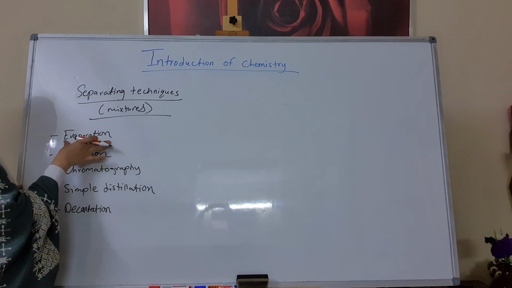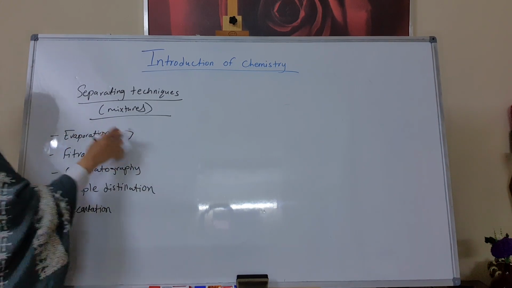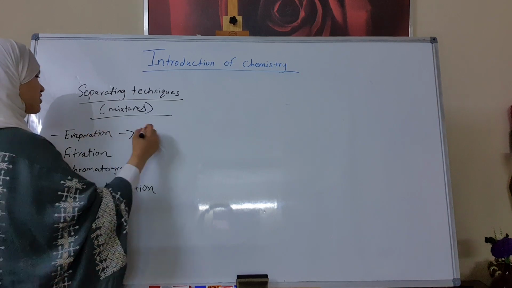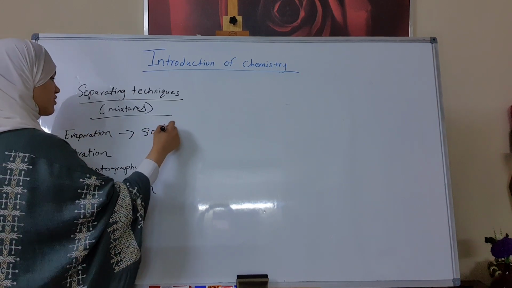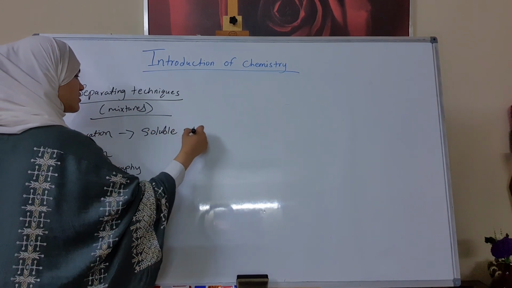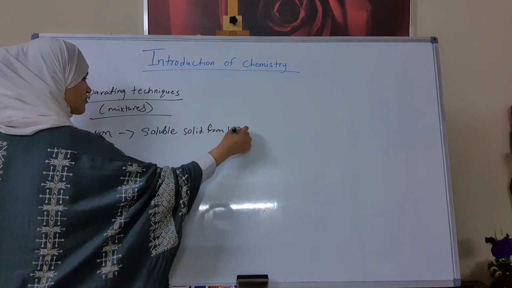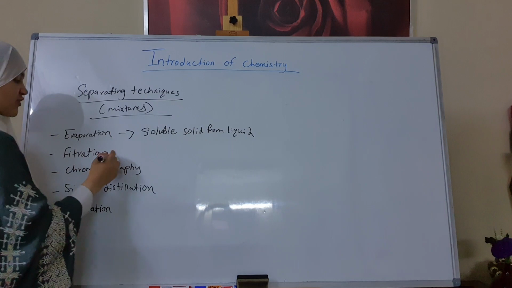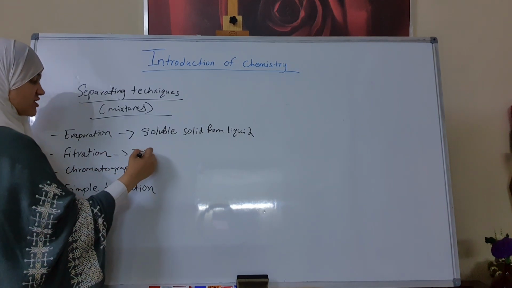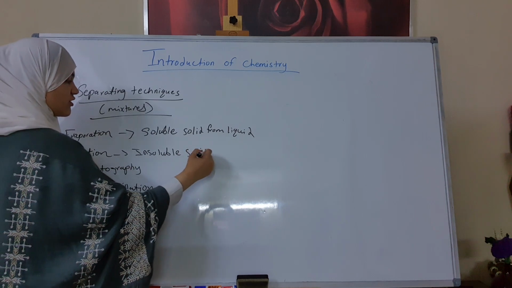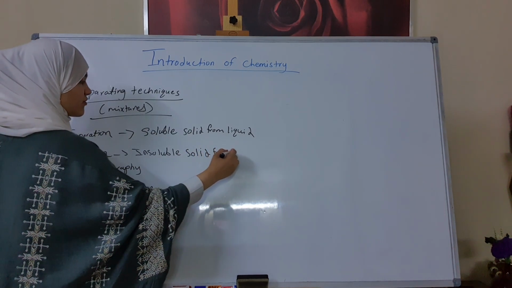Okay, so first of all, for evaporation, it's used to separate what? It's used to separate soluble solid from liquid. Okay, but for filtration, it's the opposite. Insoluble solid from liquid.